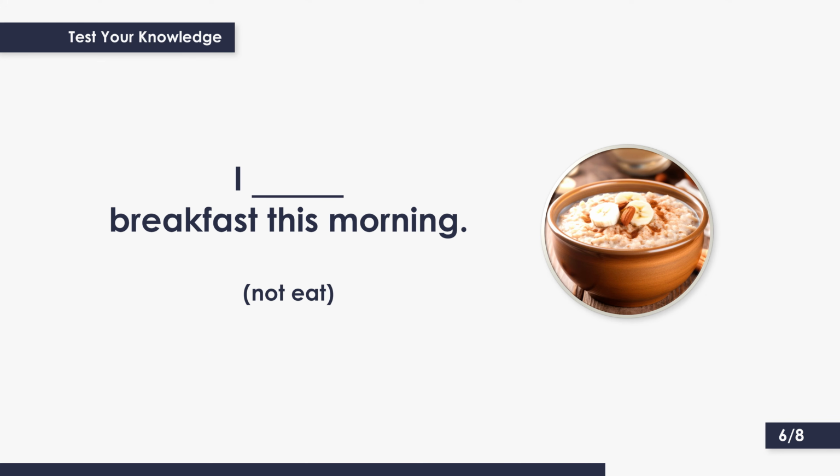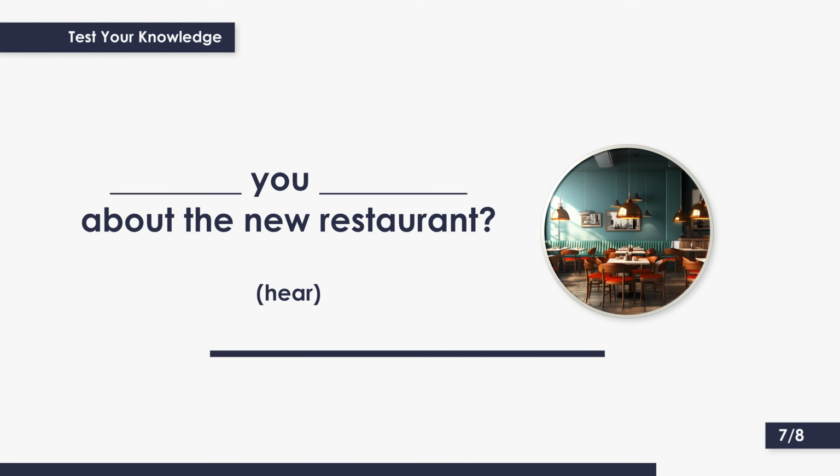This is another negative sentence, so I'm going to say didn't, and then eat will keep the same in the base form. I didn't eat breakfast this morning. We have another question here, so I'll start with did, and we'll keep the base form of hear.